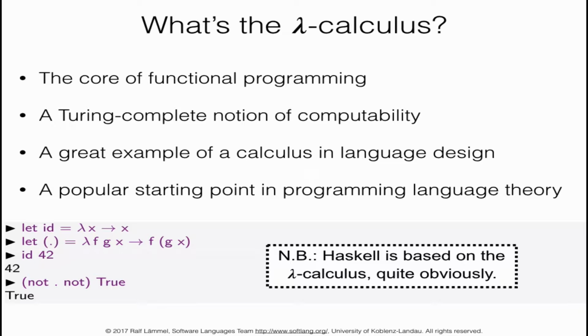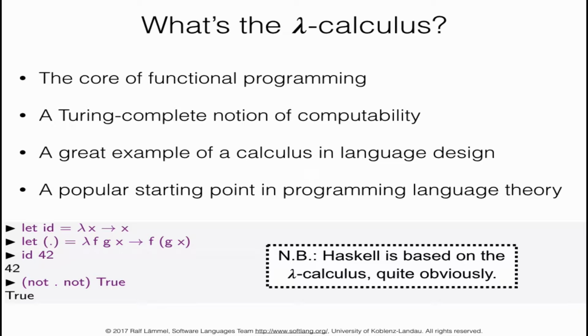So here is maybe another attempt at clarifying what the lambda calculus is. It is obviously some sort of core of functional programming. In fact, it's also a Turing complete notion of computability, which means everything that can be computed can also be computed within the lambda calculus.